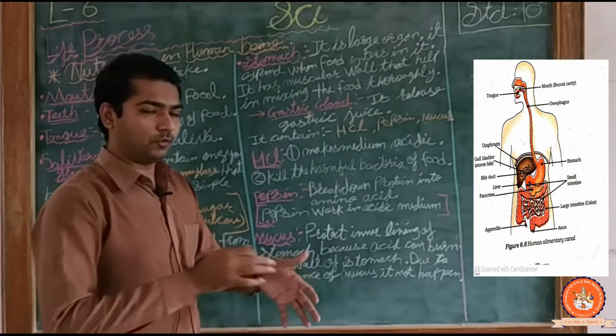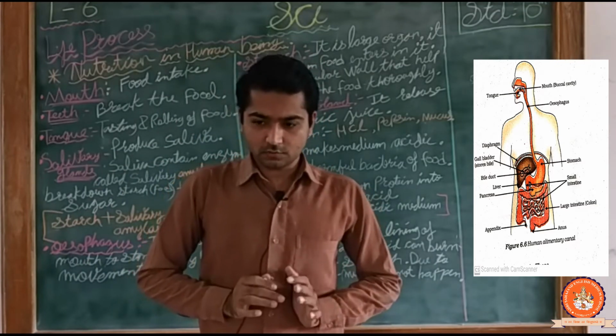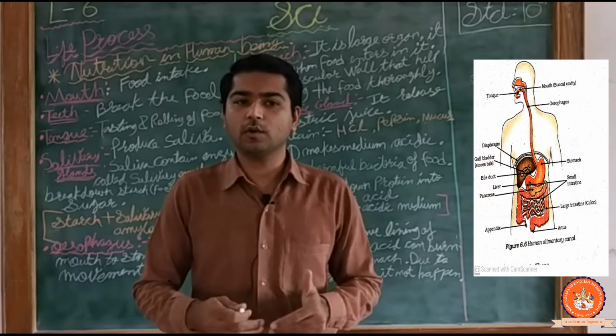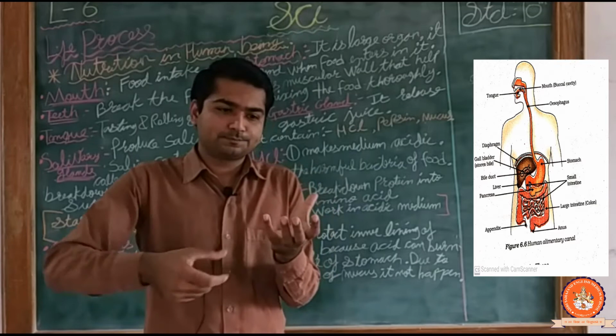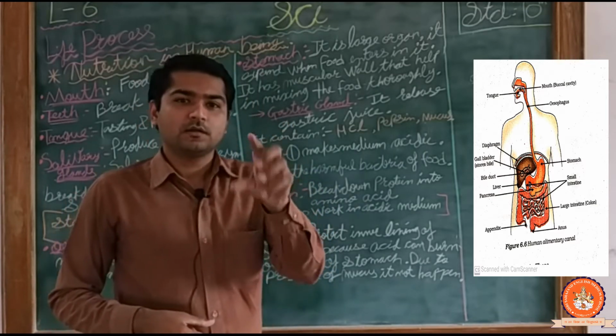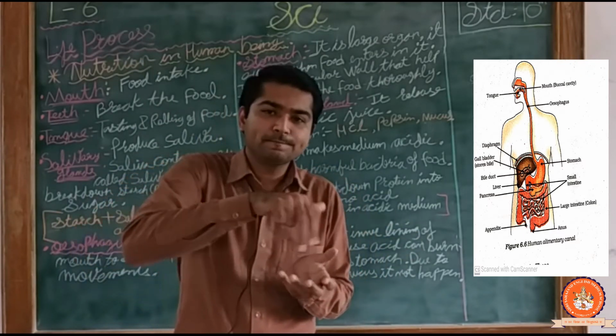Okay, when the food enters your stomach, what will happen? It will be mixed, thoroughly. Suppose you have one bucket and you are pouring some water, or you can say you are pouring salt, you are pouring sugar, and from above you are pouring water.